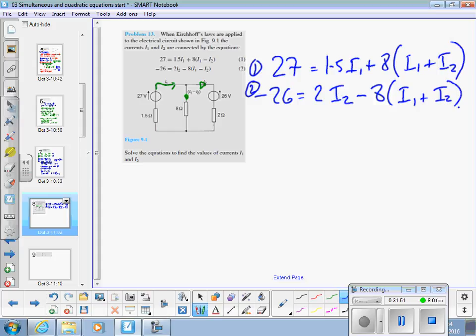Yeah, that's what I did. So, this half of the room, multiply out the brackets in equation 1. This half of the room, multiply out the brackets in equation 2. And I'll pause the video when you get to that stage.